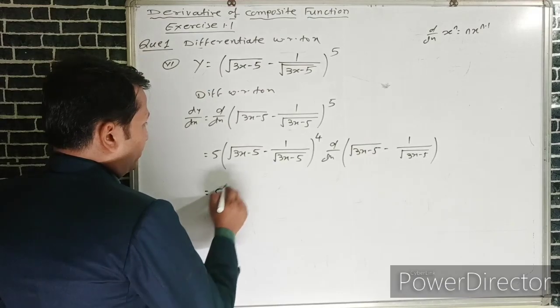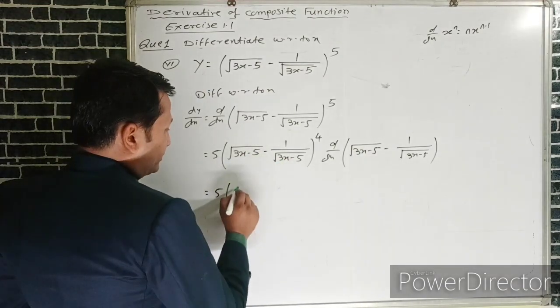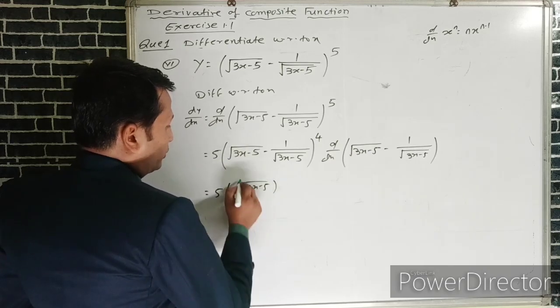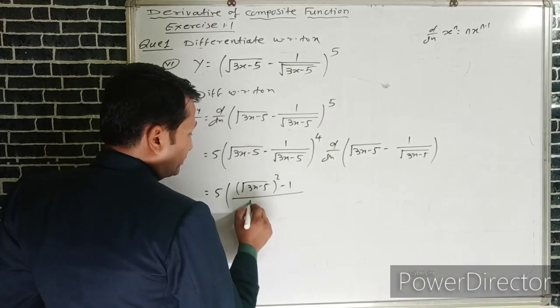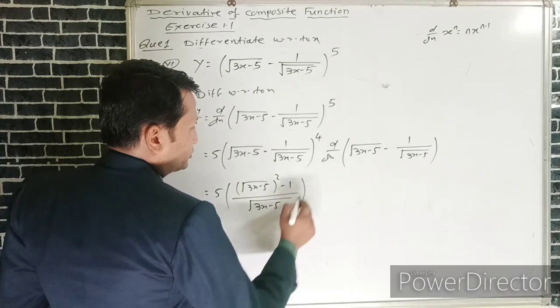Next, 5 into, after taking the cross product, we can write (√(3x − 5))² − 1 upon (√(3x − 5)) whole raised to the power 4.